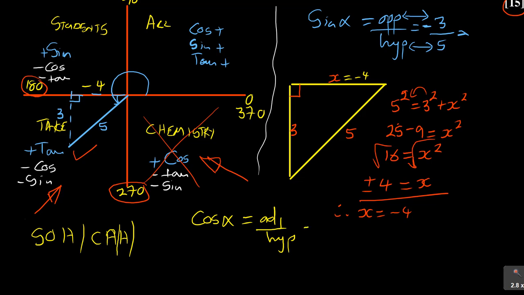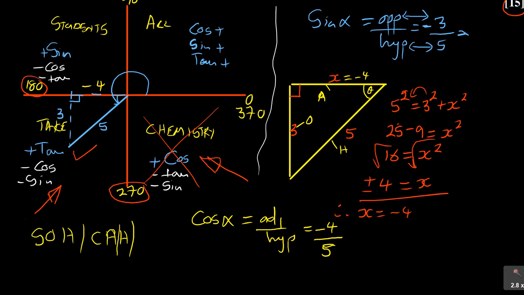In this case, my adjacent is x, which is negative 4, over the hypotenuse. If you look at the diagram, this is my H, this is my O, and this is my adjacent, which is my A, because our angle is there. That is minus 4/5.